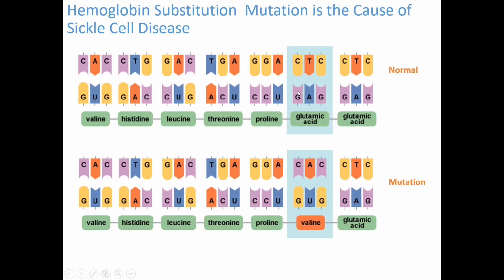Now, glutamic acid has the sequence CTC, and its complement over here, GAG, is the triplet for glutamic acid. Valine is very similar to glutamic acid. You can see that the mistake is simply one base. Here we have adenine.